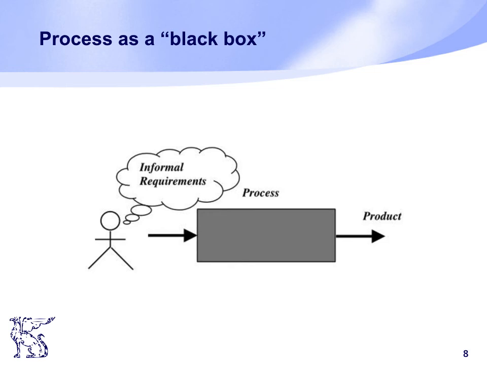There is no customer interaction, and no review or feedback process. That's why this is a black box model. But the problem with this model is the assumption that the requirements can be fully understood prior to development. Unfortunately, this assumption never holds.